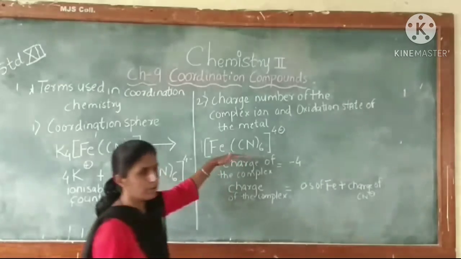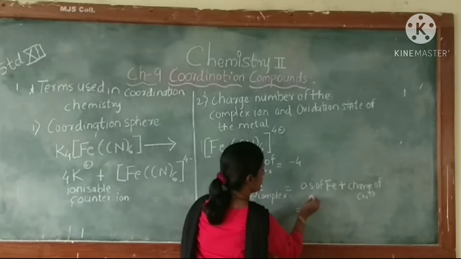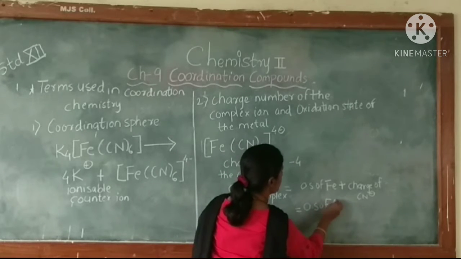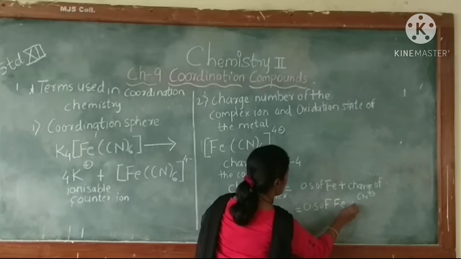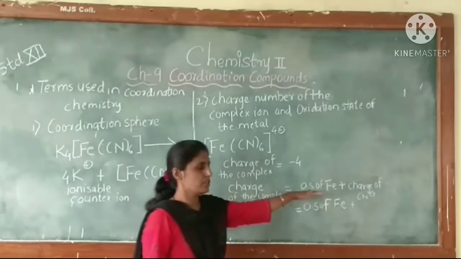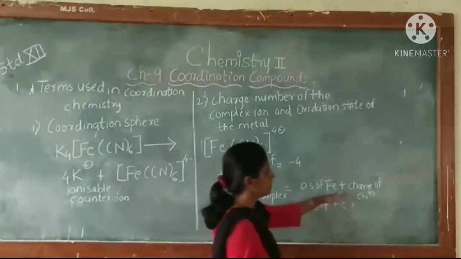How many cyanide ions are there? 6. Suppose we don't know the oxidation state of Fe, and we have to find the oxidation state of Fe using the charge of the complex and the charge of the cyanide.